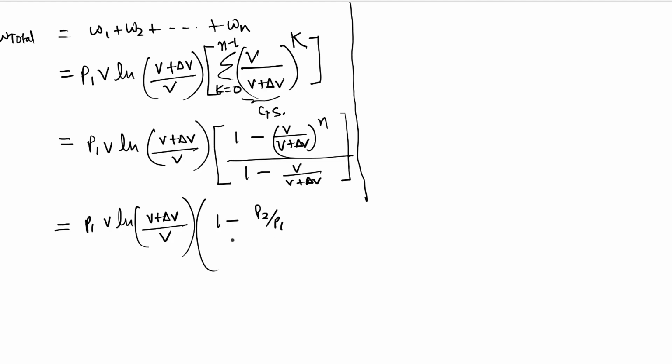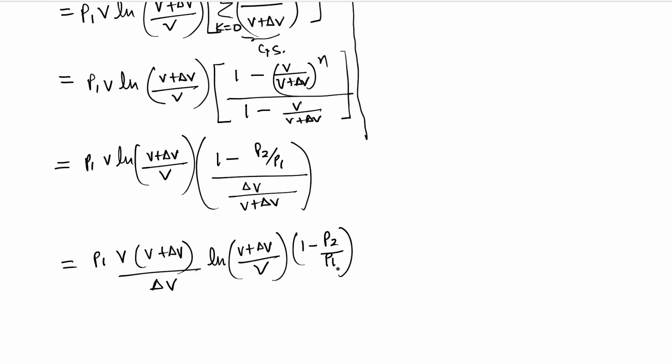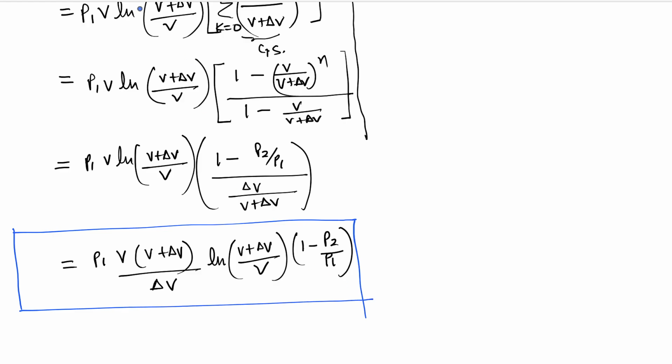And here it is simply delta V by (V + delta V). Therefore, you get P1 (V + delta V) by delta V times ln((V + delta V) by V) times (1 - P2 by P1). So that's the expression for the total work done. Okay, this is the expression for the total work done when the process is isothermal, right?